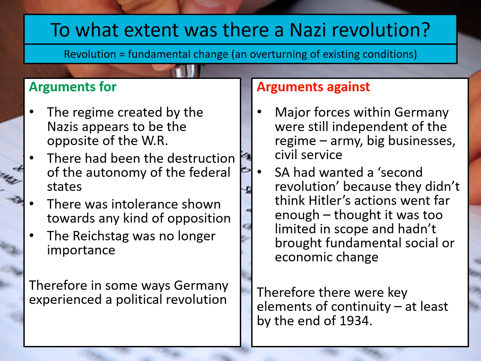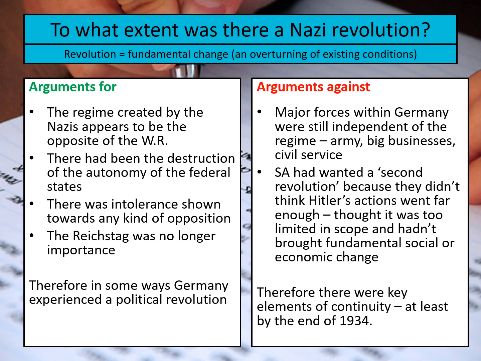Another argument that historians have had is to what extent we would say there was a Nazi revolution. Obviously, before the Night of the Long Knives, they were talking about how they wanted a second revolution because they viewed the first one as having existed. But you need to think about your own argument and whether you would say the Nazi dictatorship and the Nazis coming to power was actually a revolution or not.